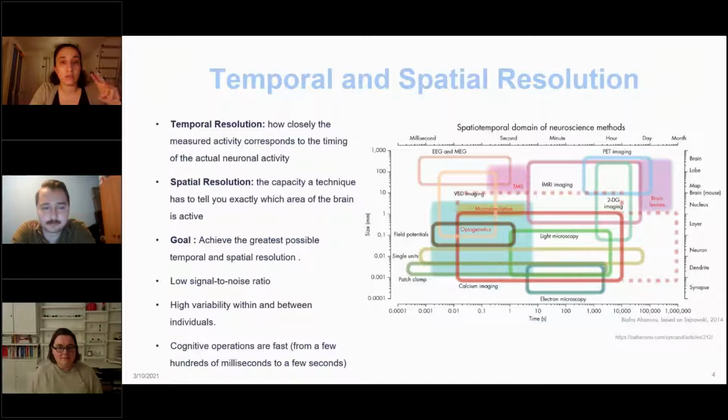And there are two issues that we want to solve with the highest possible resolution. It's that there is high variability of brain functioning within individuals and between individuals, and there's a lot of noise in brain recordings. I hope everything was clear so far.